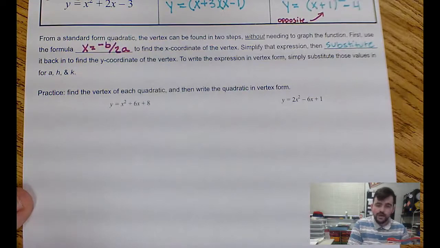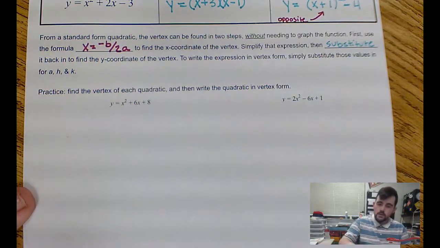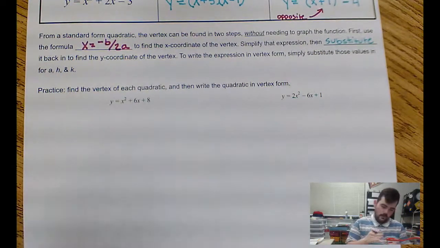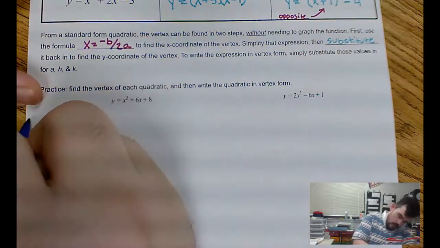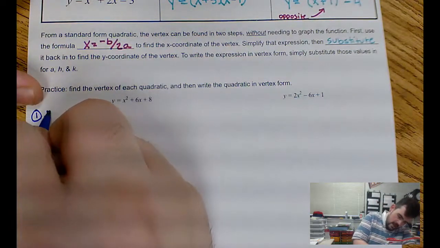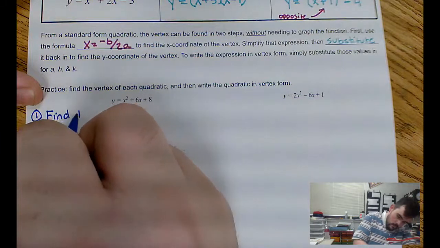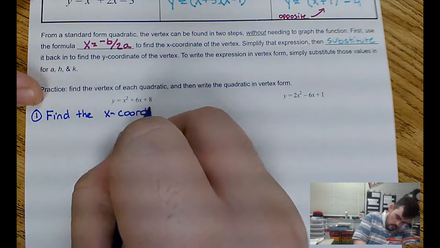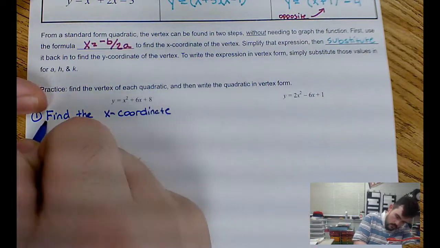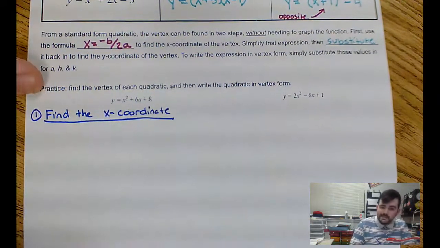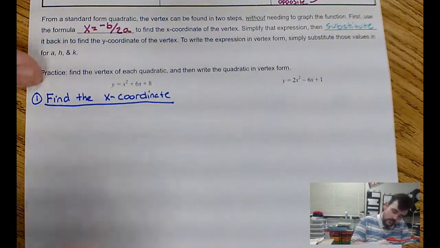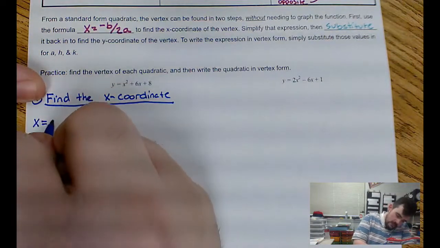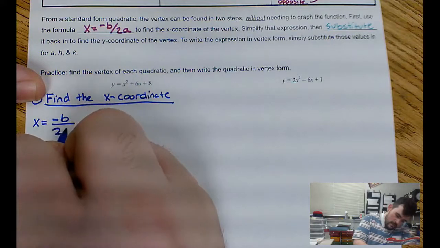We've got two quadratics in standard form. We want to rewrite them in vertex form by finding the vertex. Your first step is to find the x-coordinate. It's pretty simple. All we need to do is say x equals negative b over 2a.